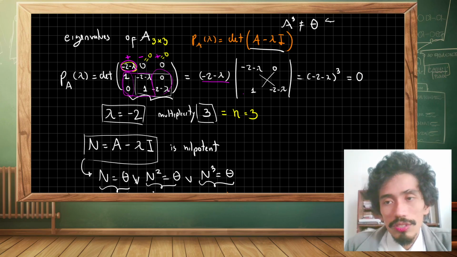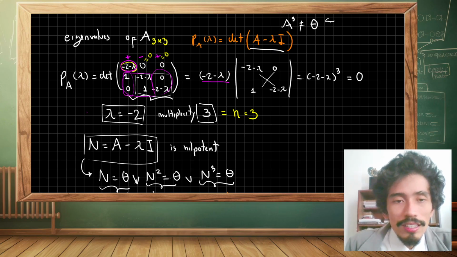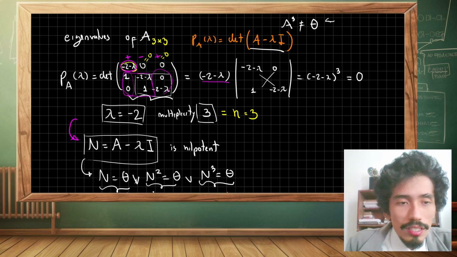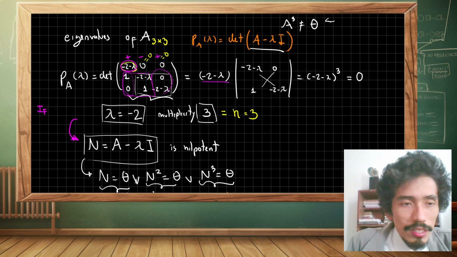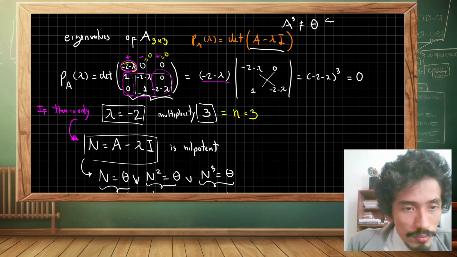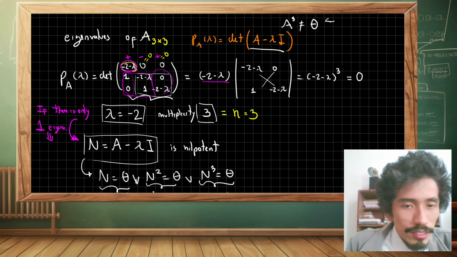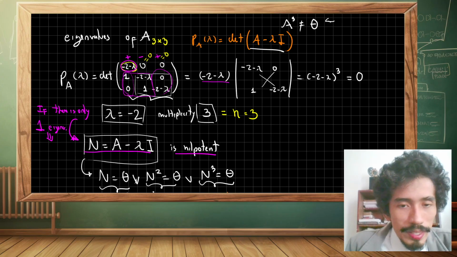So we use that property, and we use this property here, that is, if there's only one eigenvalue, then this matrix is nilpotent.